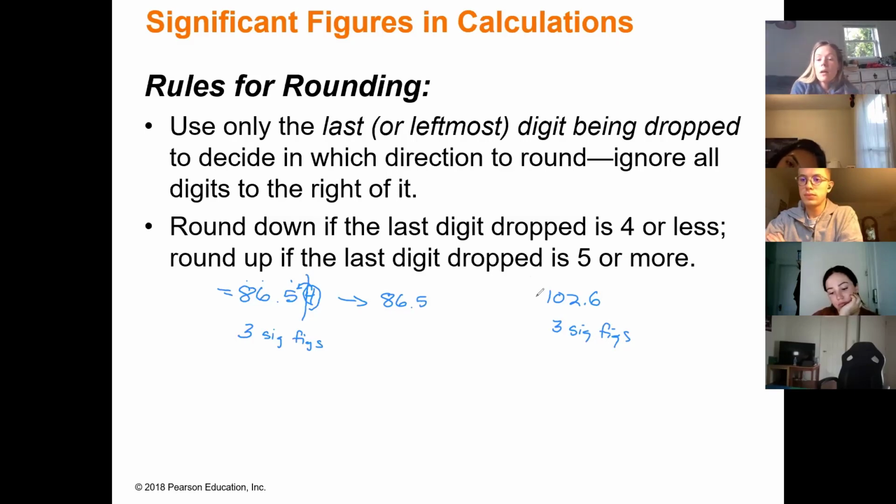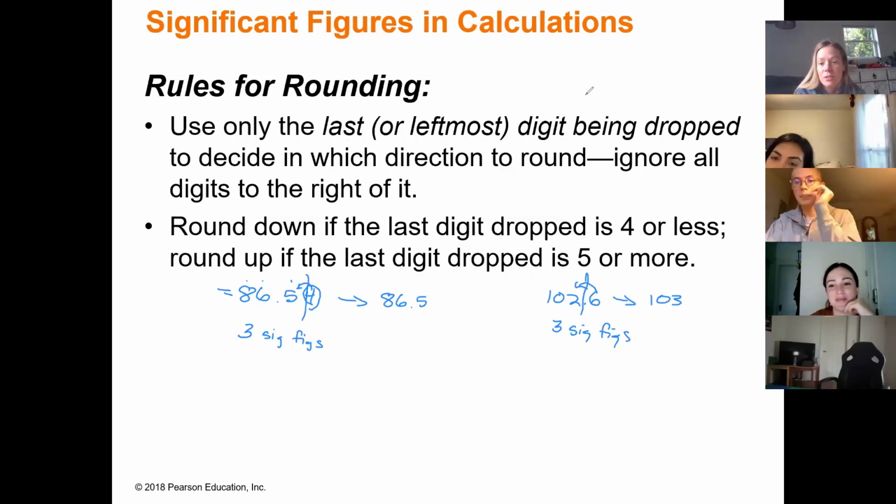Okay, so we're going to keep the 1, the 0, and the 2. Everything else gets dropped. What does the 6 tell the 2 to do? It tells it to round up. So this would become 103. Is that ringing some bells from math back in elementary school, rounding up, down? Okay, cool. I don't want to insult your intelligence, but I do want you to round correctly.